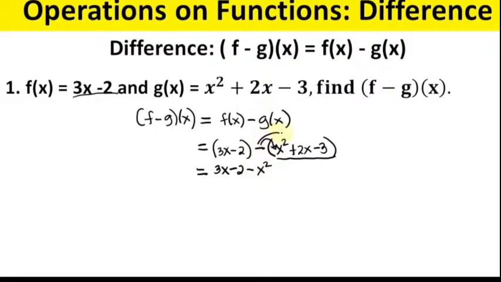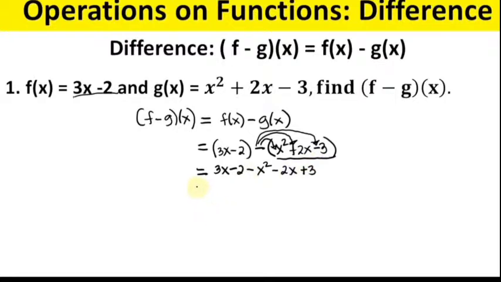Then negative times positive 2x, negative times positive becomes negative 2x. Then for the third term, negative times negative 3, that is positive 3. Remember, negative times negative, the result is always positive.